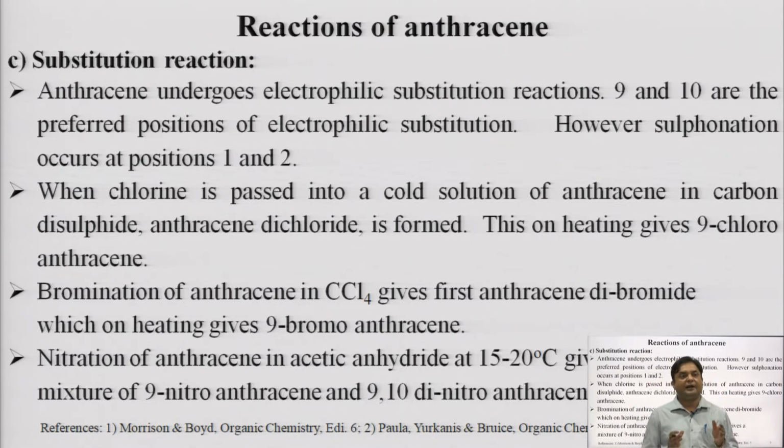Bromination of anthracene in carbon tetrachloride gives first anthracene dibromide, which on heating gives 9-bromoanthracene. As you can see, in chlorination as well as bromination, the first product is the dihalogen product, which on heating gives monohalogen substituted anthracene.